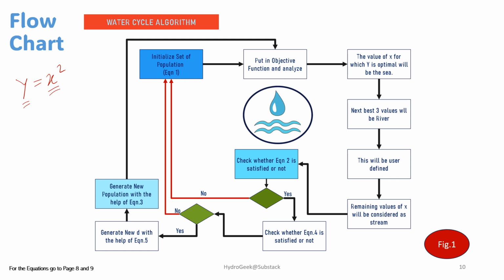So what we will do is generate the values of x at the first step of this algorithm. Say for example, let us generate 10 x values randomly.